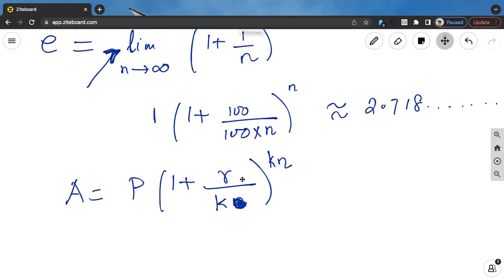So (1 plus r by k) raised to k into n, where n is the number of years for which it is compounded. If this k goes on increasing and becomes very, very large, the same expression for compound interest will become e raised to r, raised to n, because (1 plus r by k) raised to k becomes e raised to r, and n is the number of years for which it is compounded. This is the importance of this number e. So pay attention to how we defined e raised to r.